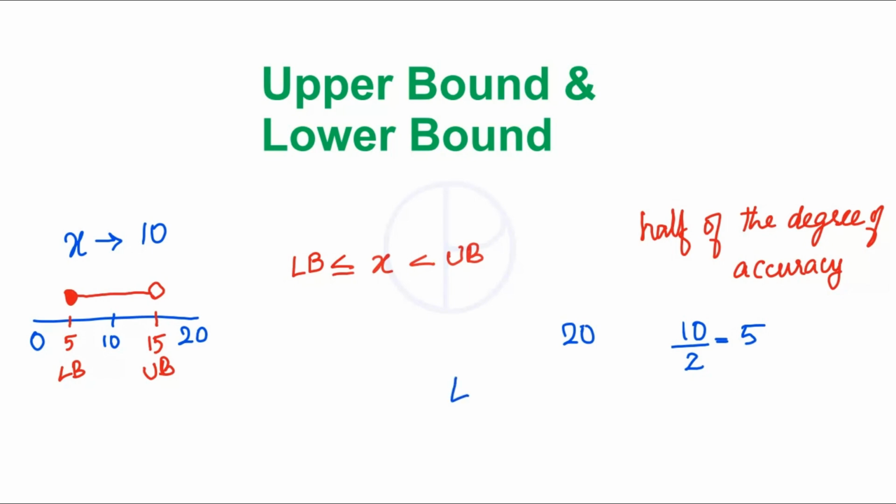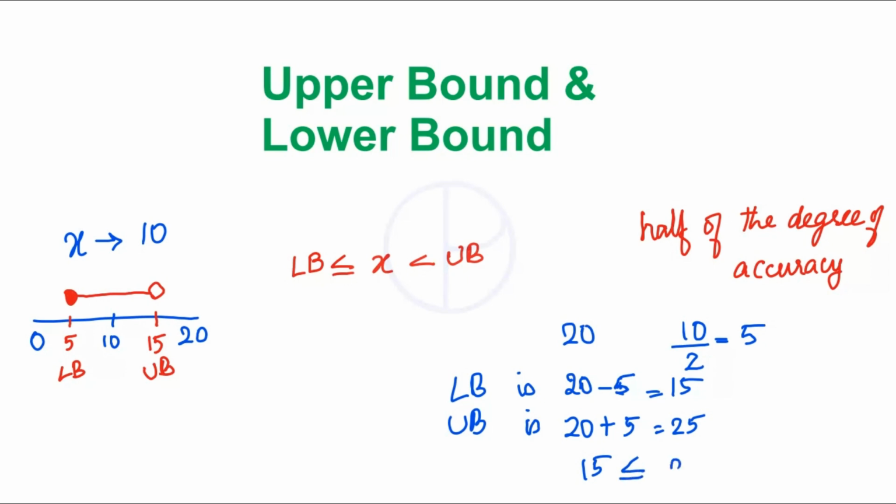So lower bound is 20 minus 5 and upper bound is 20 plus 5. This is 15 and this is 25. So 15 less than or equal to 20 less than 25. This is the error interval.